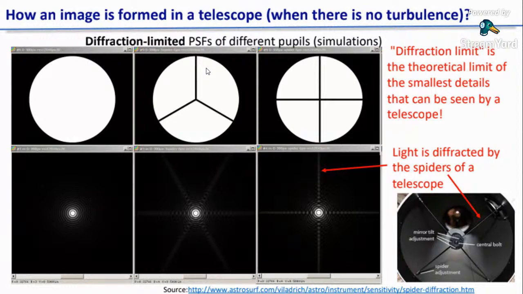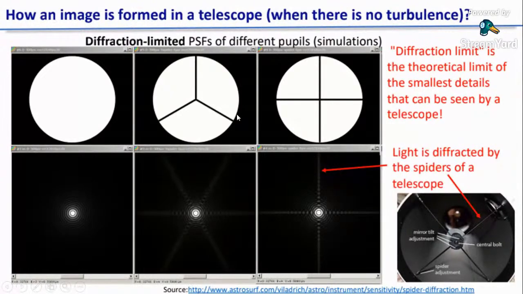Some of you who have used a telescope must have seen these spider arms. These are known as spider arms, where the secondary mirror is attached. Here you can see this is a telescope, basically a reflector one, and behind that there is the primary mirror, and through the spider arms the secondary mirror is attached.